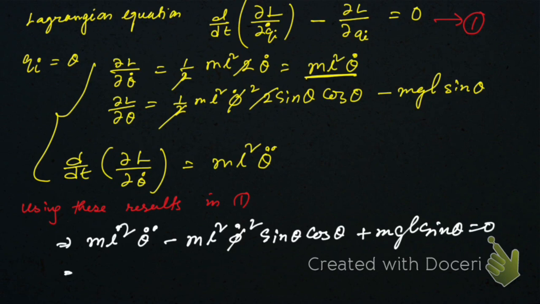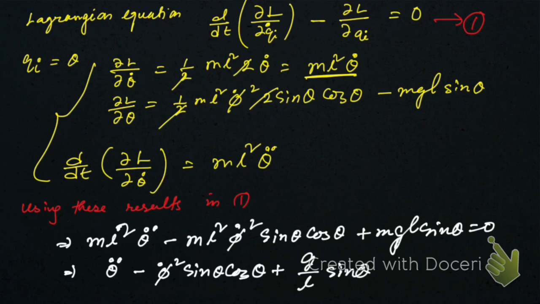Dividing each and every term by m L square, you will get theta double dot minus phi dot square sin theta cos theta plus g by L sin theta is equal to 0.